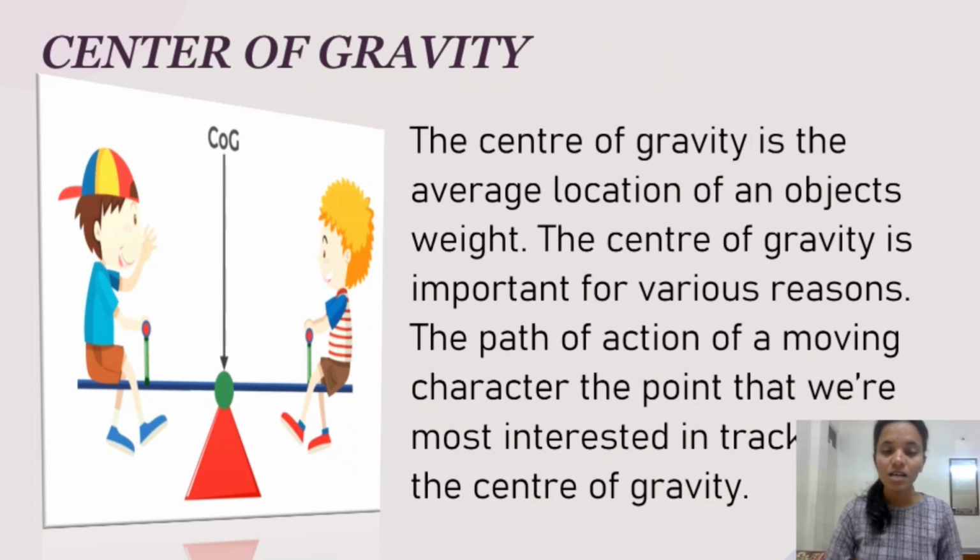Center of gravity. The center of gravity is the average location of an object's weight. The center of gravity is important for various reasons. The path of action of a moving character, the point that we are most interested in tracking, is the center of gravity.